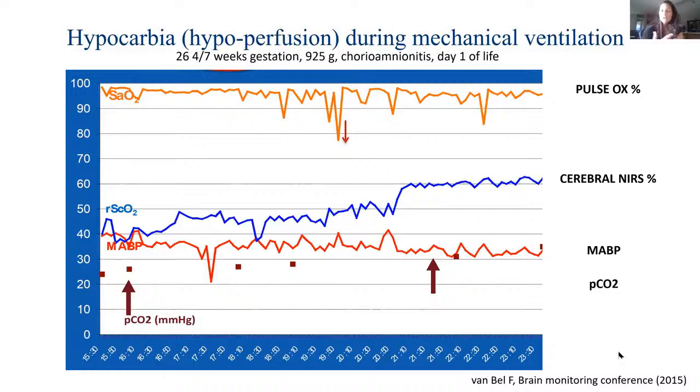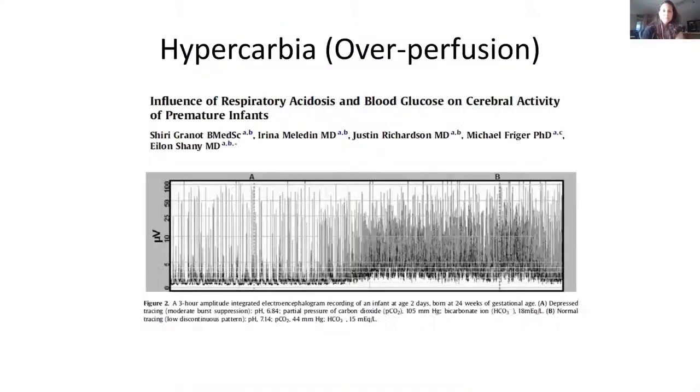And many of our monitors now, I'm showing this multimodal approach where we can see the NIRS, the aEEG, and see the physiologic as well. So super important to see all these together. This is another great paper by Dr. Shany's group from Israel. And this is looking at a small baby, a 24-weeker, 2 days of age.